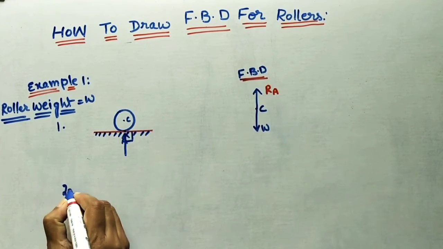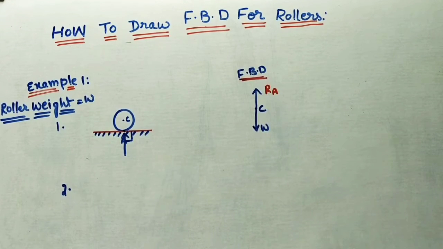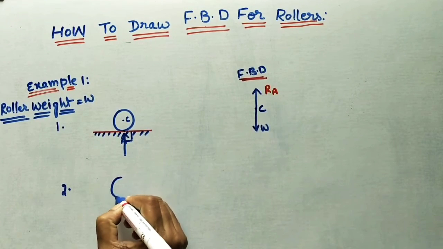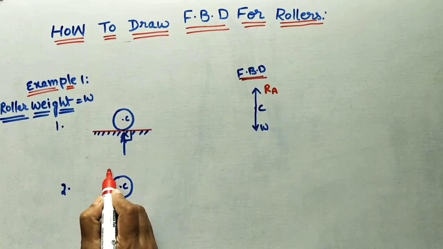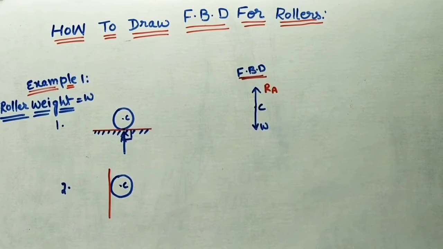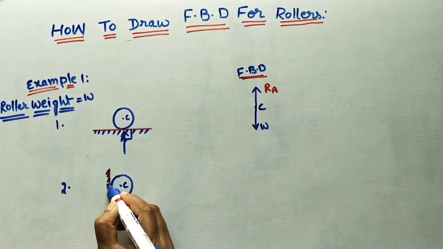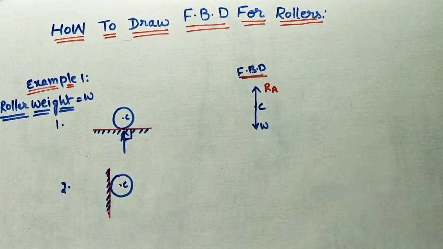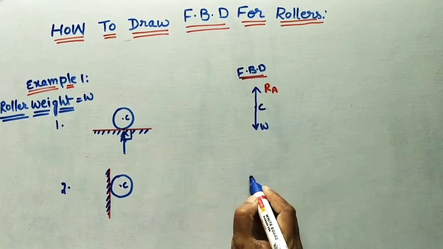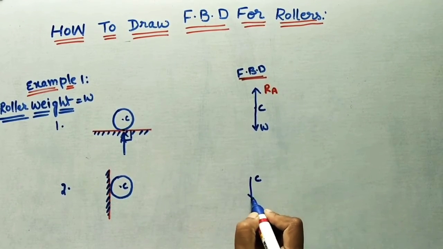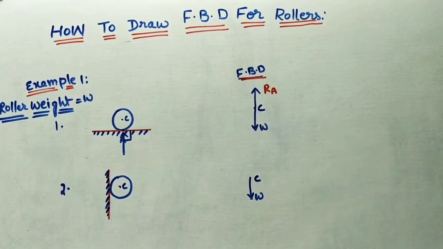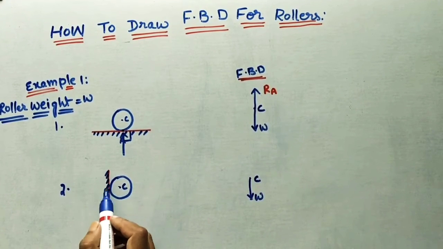In the next example, I am taking the same roller like this, and this C is the center, and the contact surface, let us take vertical. It is in contact with the vertical wall or vertical surface. So how is the FBD for this? Here I am marking C. First mark the weight W, and the contact surface is vertical.